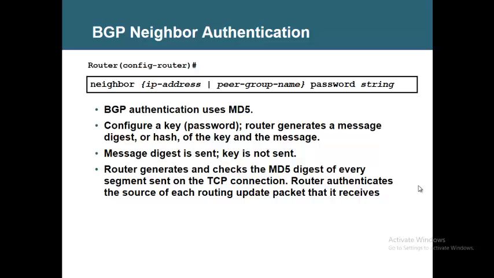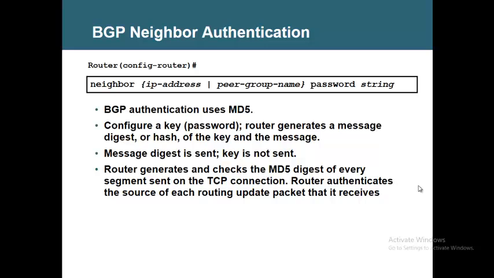Why? Because BGP is a protocol that is connecting the entire world. So if one bad guy runs his BGP and gives wrong route information, it is not only affecting the next autonomous system, it's going to affect the entire world.